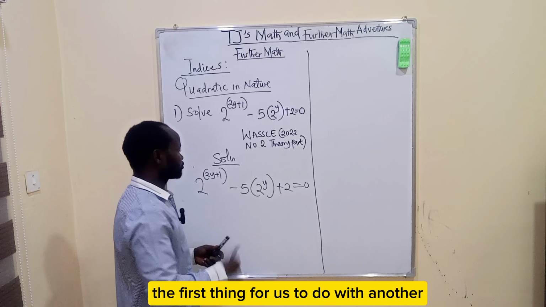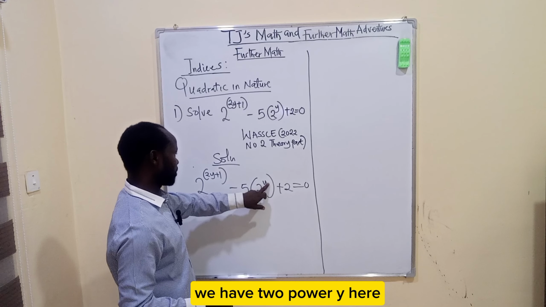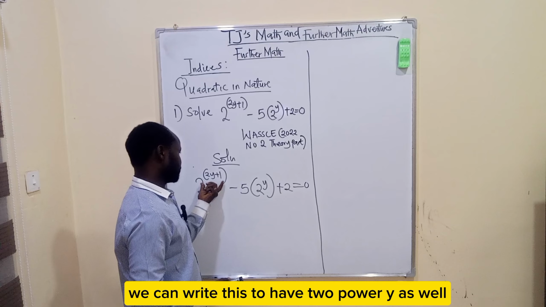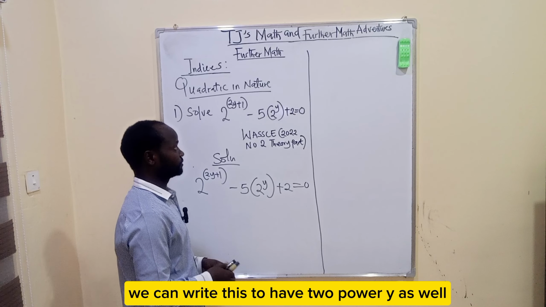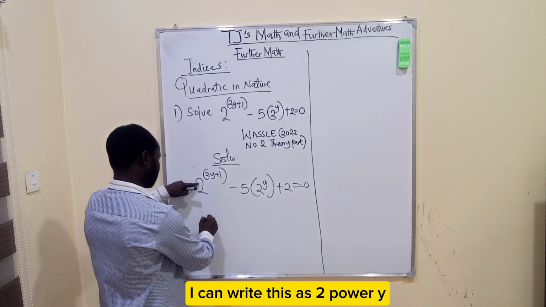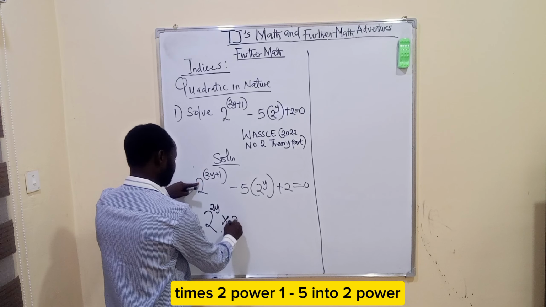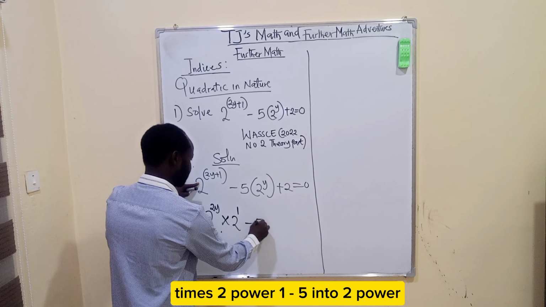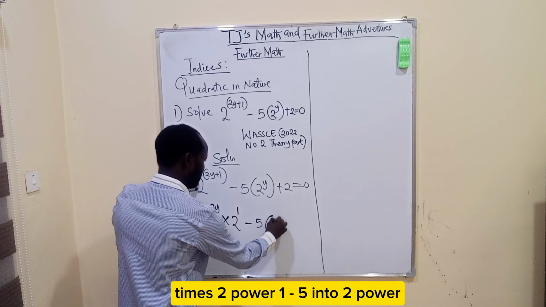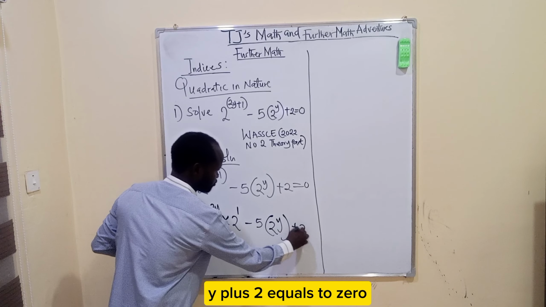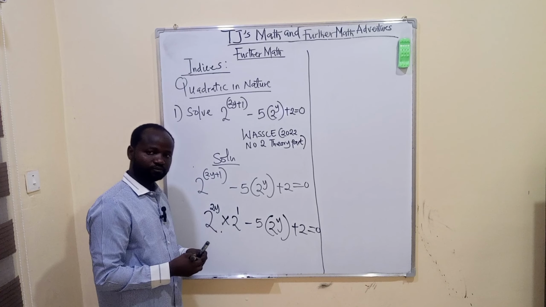The first thing for us to do, we realize that we have 2 power y here. We can write this to have 2 power y as well. I can write this as 2 power y times 2 power 1, minus 5 into 2 power y, plus 2 equals 0.